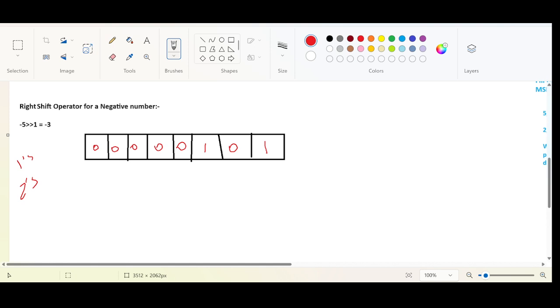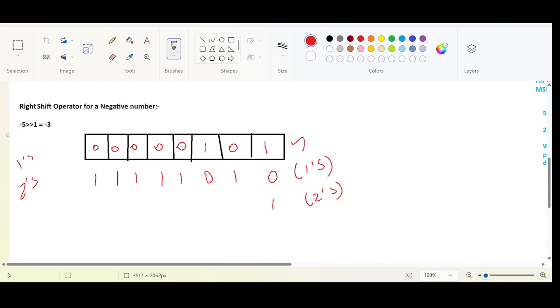So what is the 1's complement of this particular number? Just flip the numbers. If it is 0, replace the 0 with 1. If it is 1, replace the 1 with 0. And the 2's complement is going to be adding 1 on top of the 1's complement.